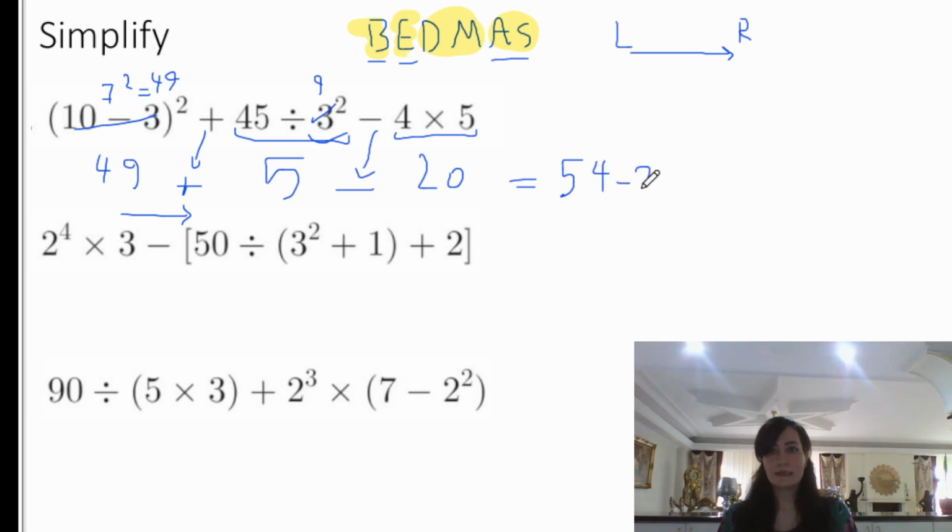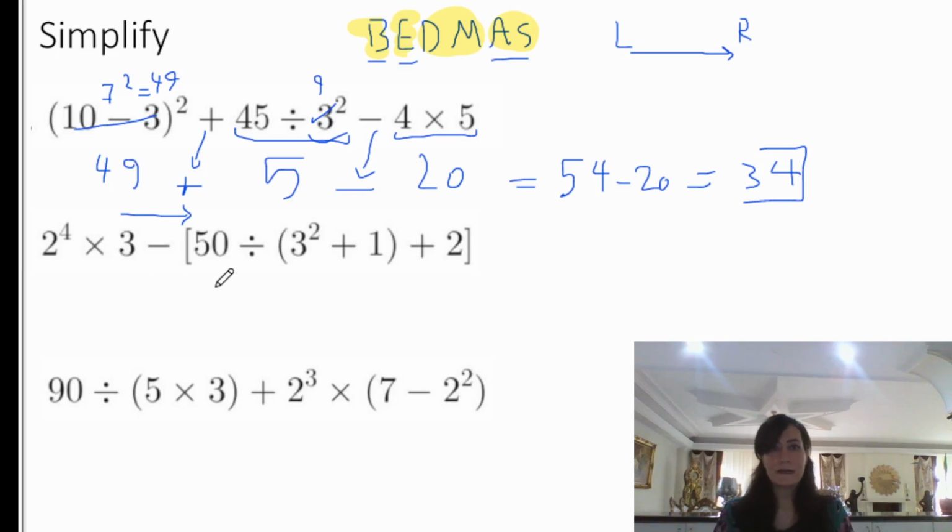Minus 20 gives me 34. Great job. We are done with the first expression. And if you follow this order of operations, you have to get the same answer, 34. That's it. Any other answer will absolutely be wrong.